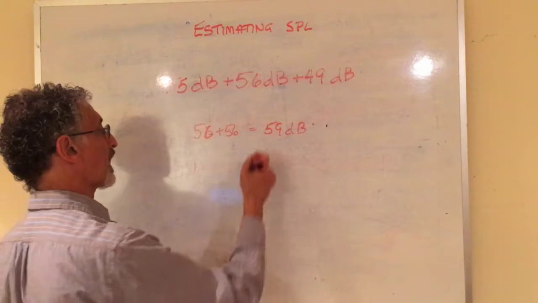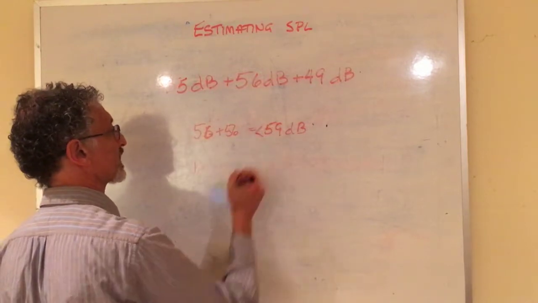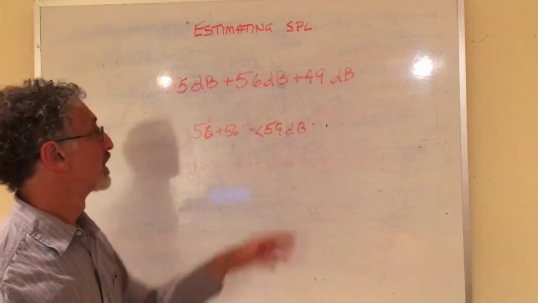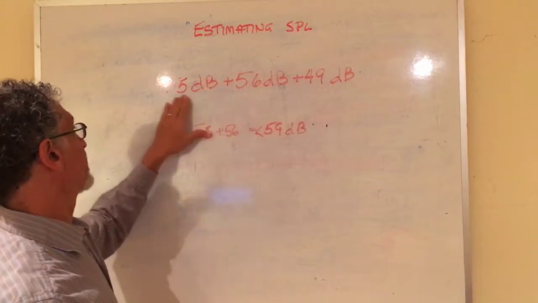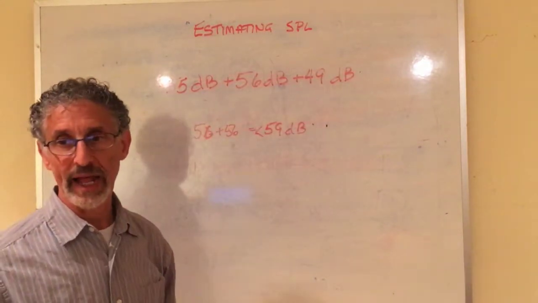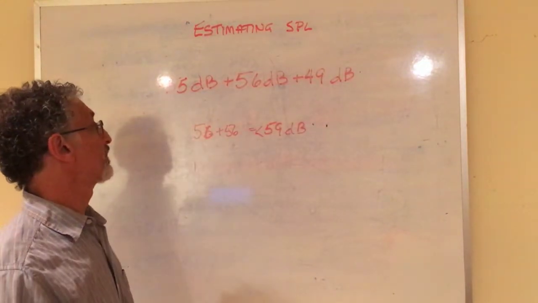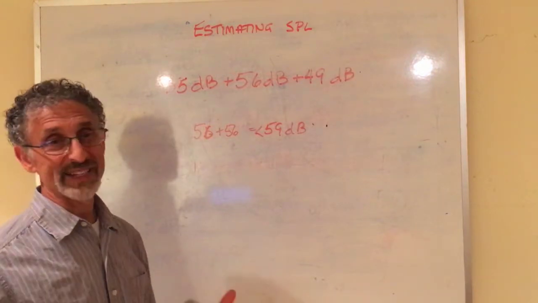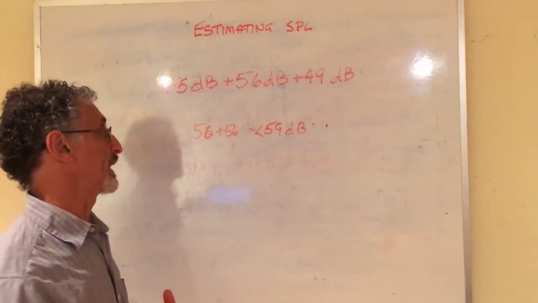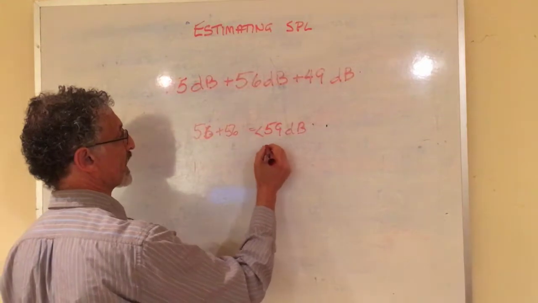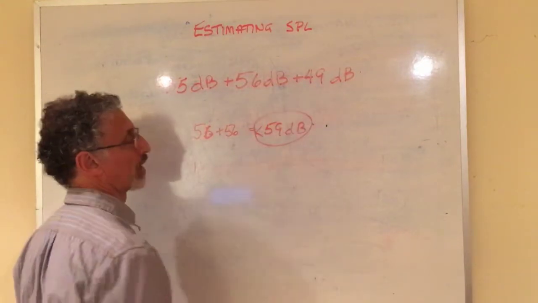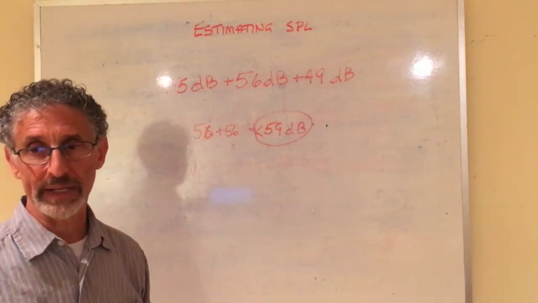Since it's 55, it'll be a little bit less than 59 dB. 49 dB is 6 dB less than 55 dB. So it's going to add less than 1 dB. So we're going to guess that the answer is going to be somewhere around 59 dB.